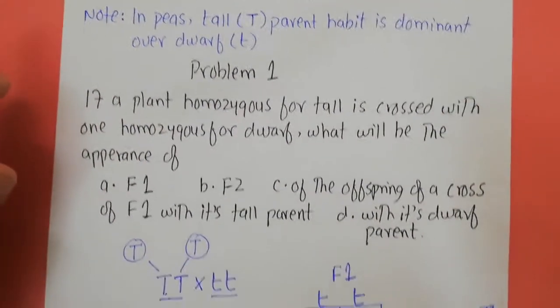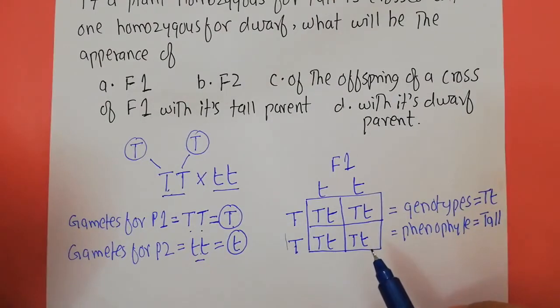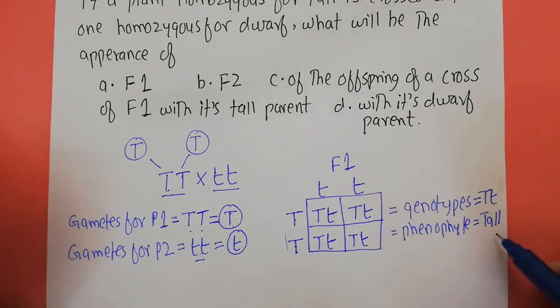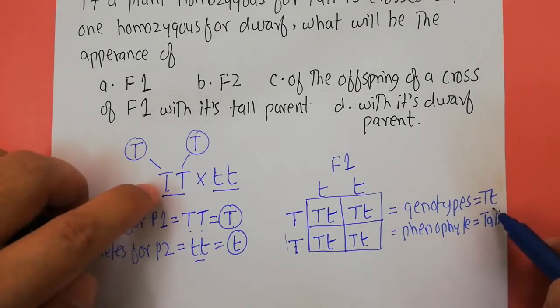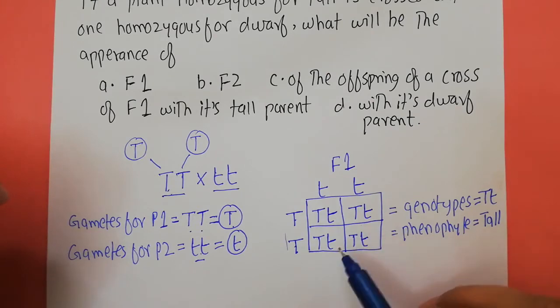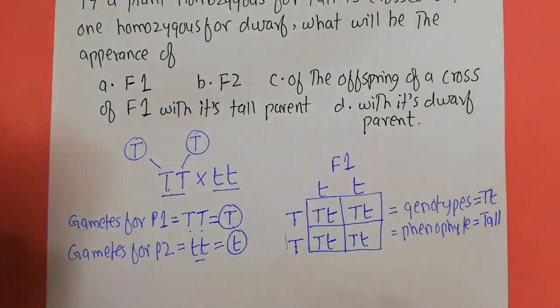This means that the capital T is going to express itself in the homozygous as well as in the heterozygous condition. So all of these offspring have a tall phenotype, but their genotype will be heterozygous, not homozygous like their parent. So in the F1 generation, all of the offspring will be tall with the heterozygous genotype.